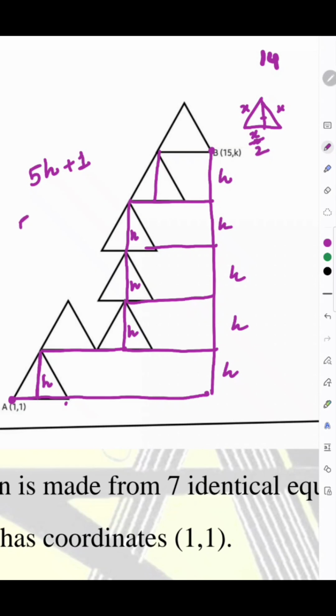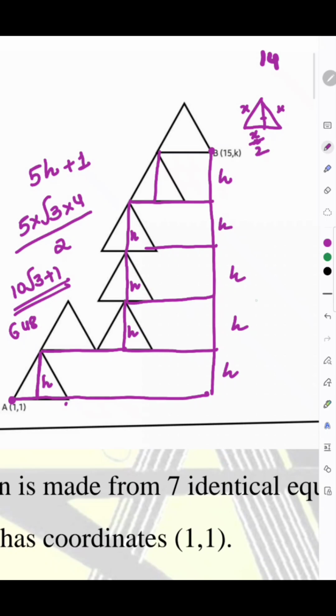So I can say 5 times root 3 times 4, because the length of each side is 4, over 2. So this will give me 10 root 3 plus 1. Either we can convert it into a decimal or keep it in surd form, because these are calculator questions. So let me convert it into a decimal and we'll get the answer as 6.48. So finally the value of k is 6.48.